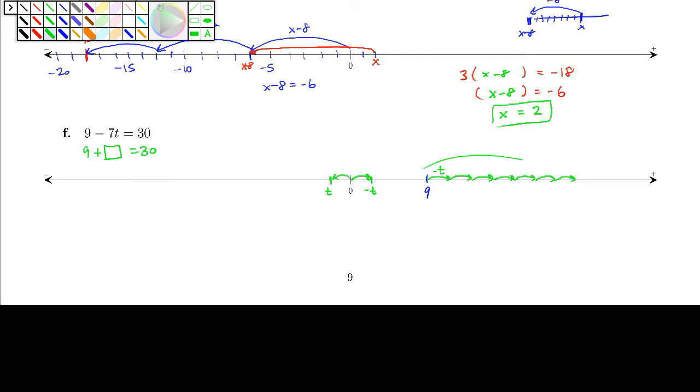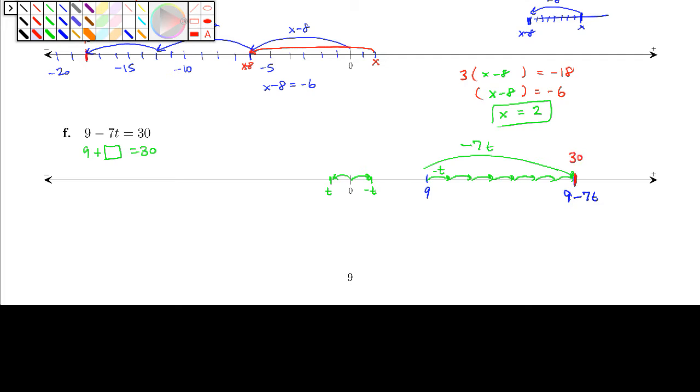So I'm going to subtract 7 copies of t. I'm assuming that t is some negative number, and this would be 9 minus 7 copies of t. Starting at 9 and then subtracting 7 copies of t, that's supposed to give me 30.